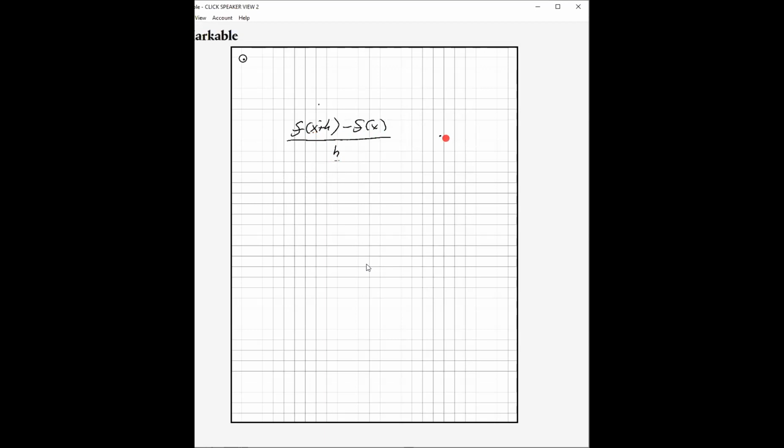So what happens as I bring x this way, in other words, that distance h goes to 0. Well, I can't divide by 0. So what I do is I simplify this formula. Once I know what f is, I can simplify this formula, and then I can take the limit as h goes to 0, and that'll give me the derivative.